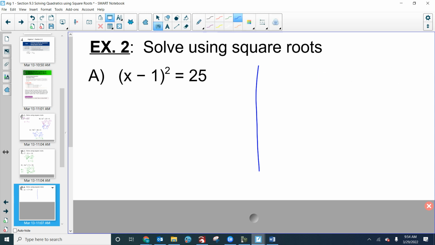So what do I do first here? Kind of like unpeeling layers, okay? What goes first? You get rid of the squared first, don't I? What gets rid of a square? Square root, right? Square root both sides.